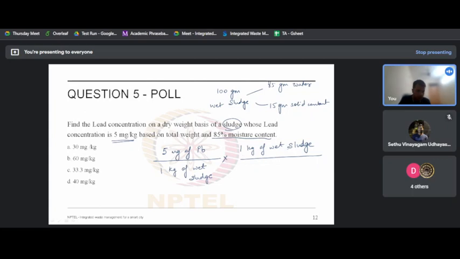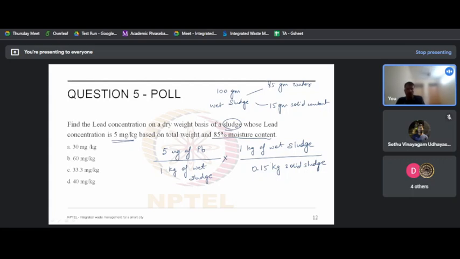So when we have 1 kg of wet sludge, we would have around 0.15, that is 15% of 1. So this much will be kg solid sludge. So 5 mg of lead in 1 kg of wet sludge.